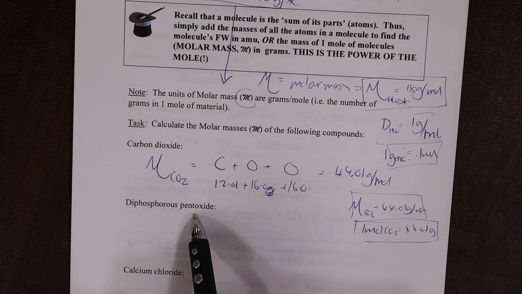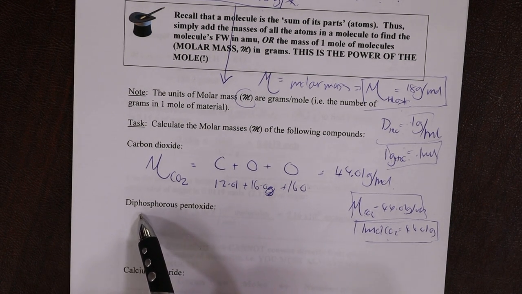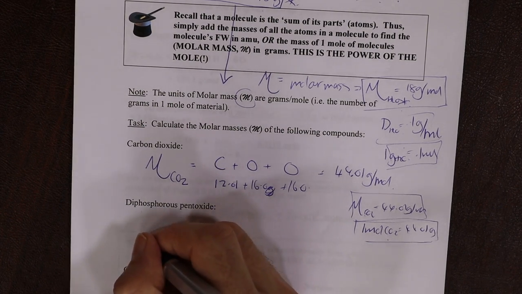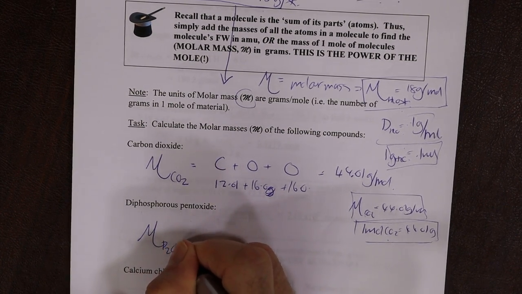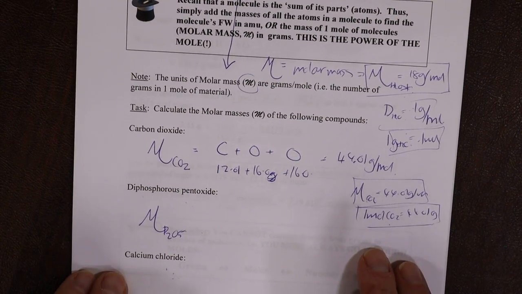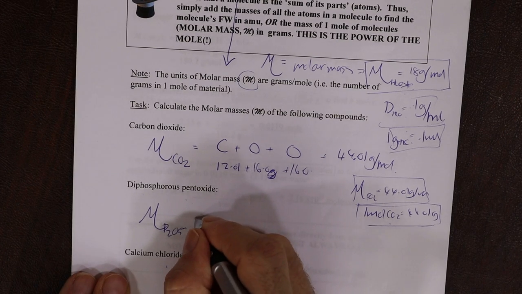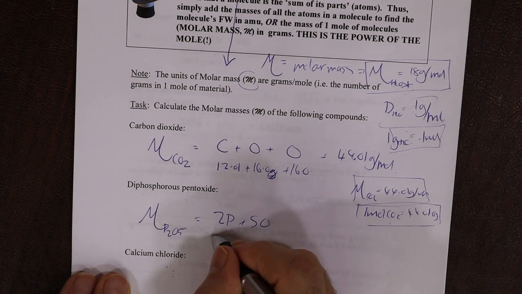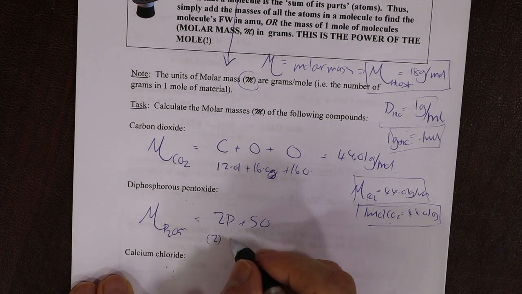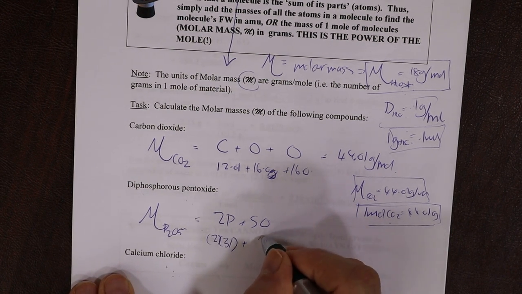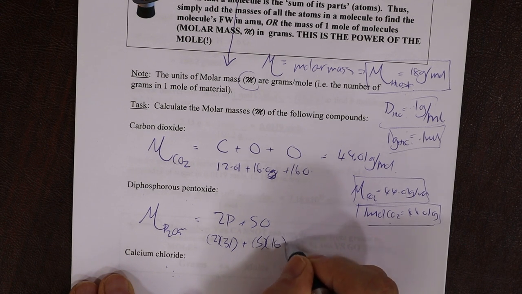Now diphosphorus pentoxide's ionic. Phosphorus and oxygen. Actually, that's kind of in between, and we call it a molecule, right? Next one's ionic. Call it a molecule. So molecular weight P2O5. What I'm trying to say is what works for molecules also works for ions, which we'll do in a second. But P2O5. So if you like, 2 P's and 5 O's. So I'm doing a little bit of math here. 2 times phosphorus, which is 31 and change grams per mole, plus 5 times oxygen, which is 16.